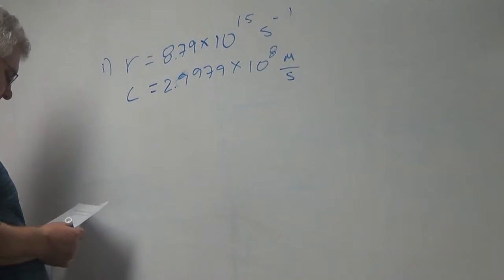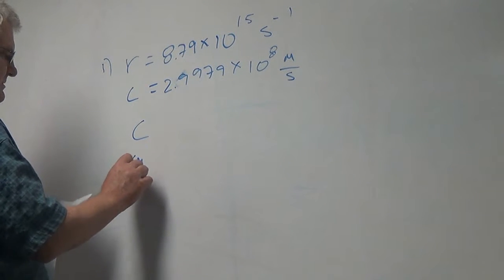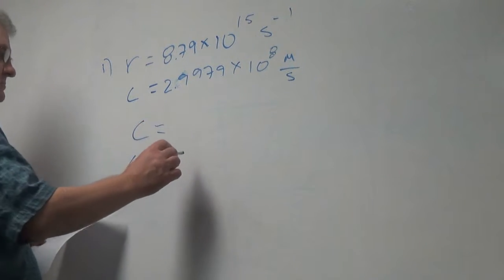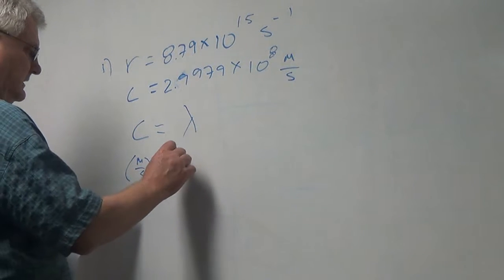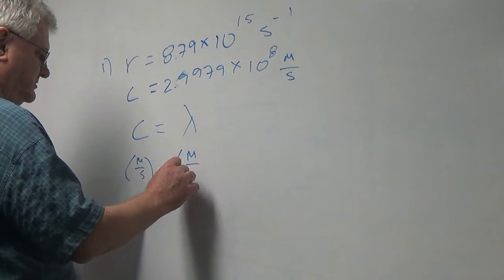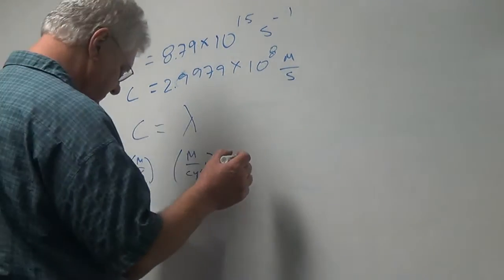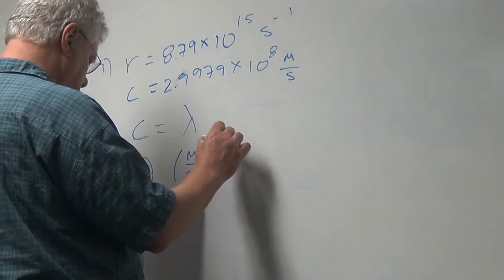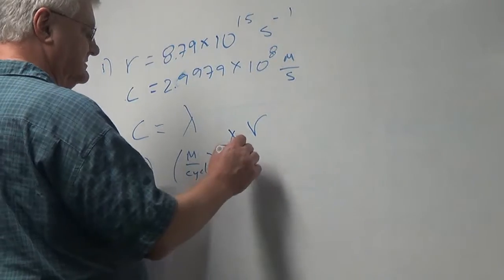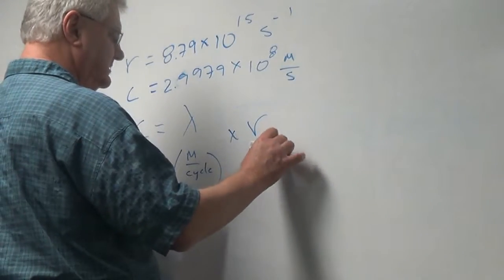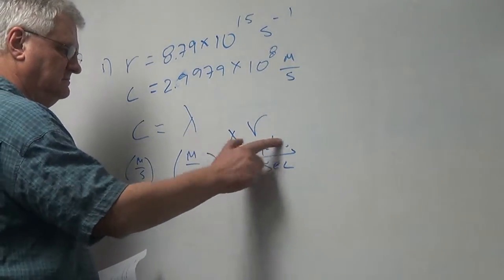The relationship: the speed of light in meters per second is equal to lambda, the wavelength, in meters per cycle, or just meters, times nu, the frequency, in cycles per second, except again, a lot of times we don't even worry about the cycles.